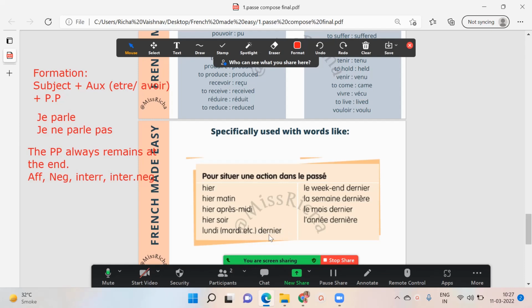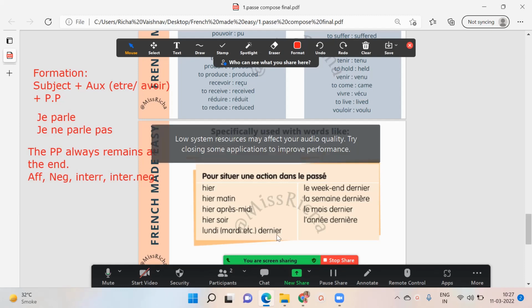Dernier means last. Okay. So lundi dernier is last Monday, last Tuesday, last week. Le weekend dernier, last weekend. La semaine dernière, last week. Le mois dernier, last month. L'année dernière, last year. So anything that has hier or dernier, on utilise le passé composé.